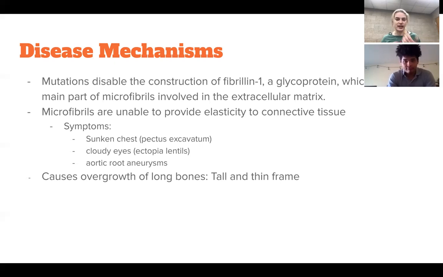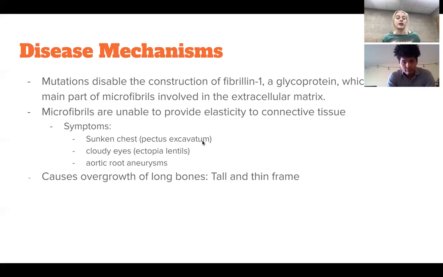So basically, if you have a mutation in this, that's going to weaken the elastic tissue in your body that helps your muscles be normal and helps everything be where it's supposed to be, and can create this scenario where you can either have those long hands, long bones, or dislocation in the eyes, whatever it may be. Like right here we have the sunken chest. Like I said, if you have too much skeletal muscle protruding out, it will protrude your bones out. Too little will cave it in. The cloudy eyes, and then the lethal aortic root aneurysms.